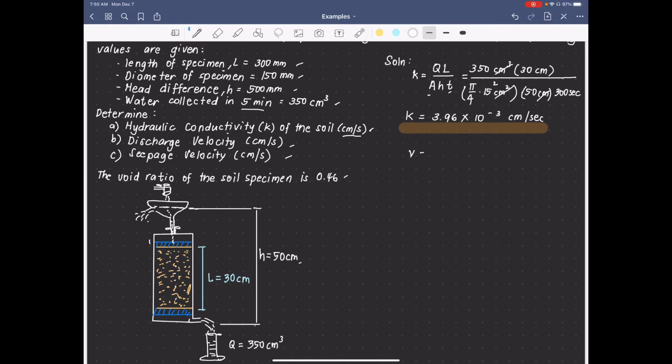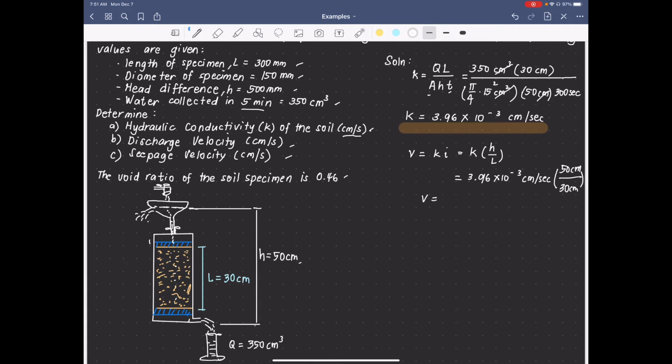The formula for the discharge velocity is equivalent to hydraulic conductivity times i, the hydraulic gradient. And the hydraulic gradient is equivalent to the head difference divided by the length of the specimen, so this is equal to K multiplied by H over L. So here we have 3.96 times 10 to the negative 3 cm per seconds multiplied by our H, which is 50 cm, divided by L, the length of the specimen, which is 30.